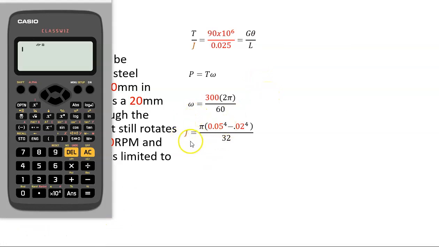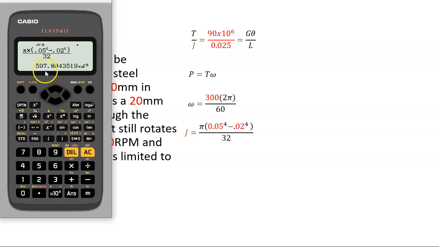Okay, so the first thing we'll calculate is the second polar moment, and it is going to be pi multiplied by 0.05 to the power 4 minus 0.02 to the power 4, divided by 32.